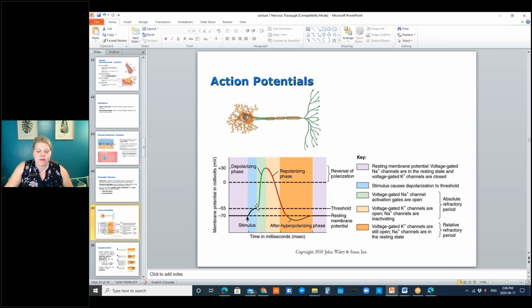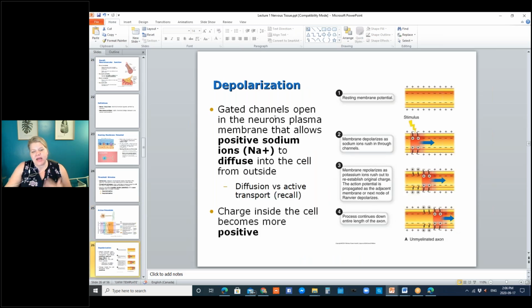What happens in the depolarization phase is that the gated channels open in the neuron's plasma membrane, which allows the positive sodium ions to diffuse into the cell from the outside, okay, making that section or segment more positive.